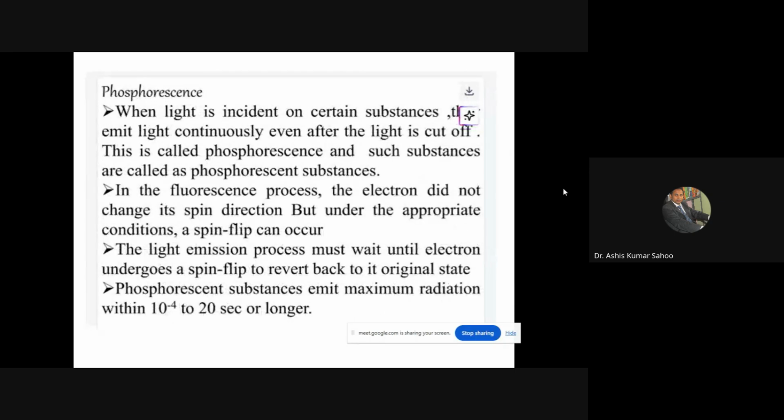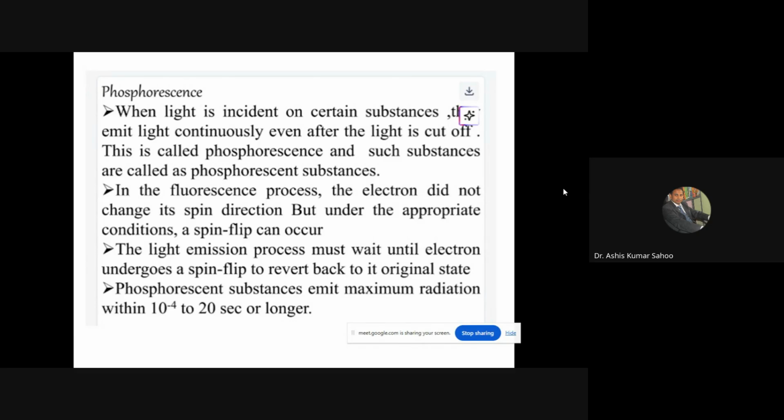Then what is phosphorescence? When light is incident on certain substances, they emit light continuously even after the light is cut off. So fluorescence emits light and stops when the light is cut off, but phosphorescence continues to emit light even after the light is cut off.